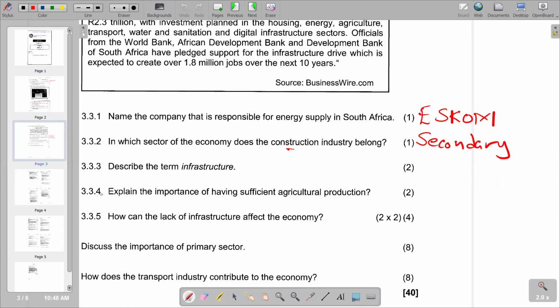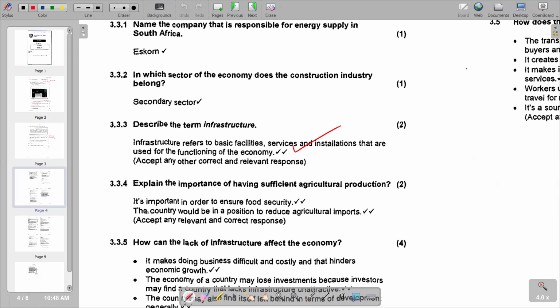So we try to see again, according to the explanation in this video, 3.3.4, what do we have? And we say that the explanation is that it is important in order to ensure food security. Next, second point, the country would be in a position to reduce agricultural imports. Remember, if we have a very active agricultural sector in the economy, it means the manufacturing sector will also be very active.